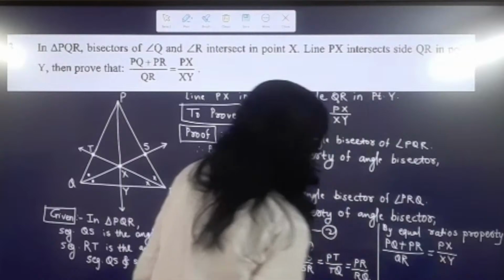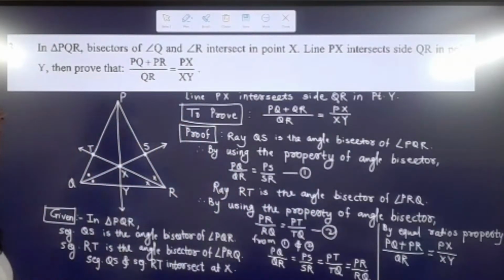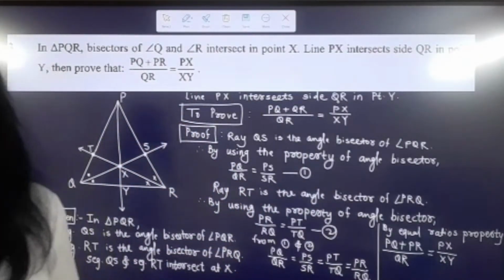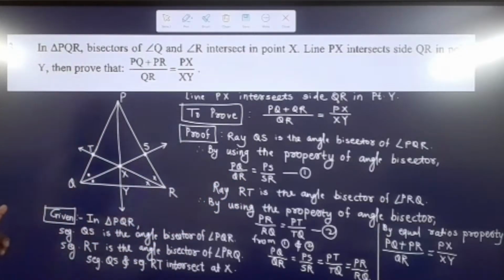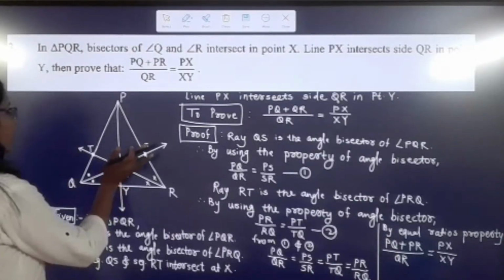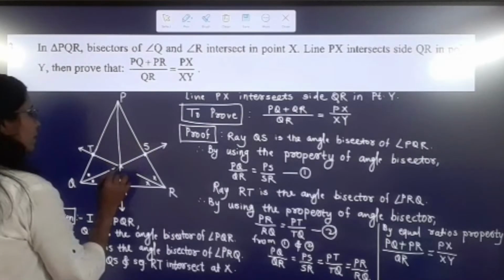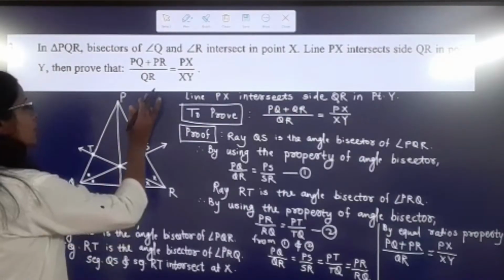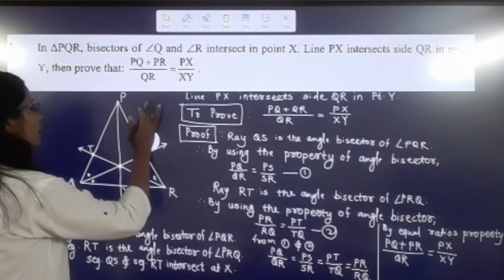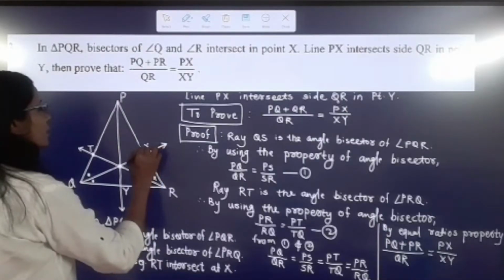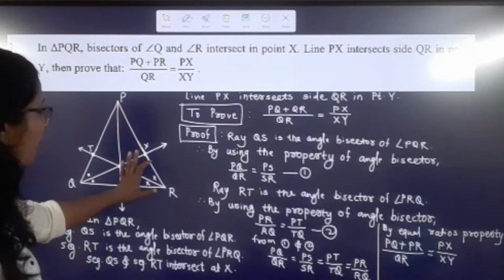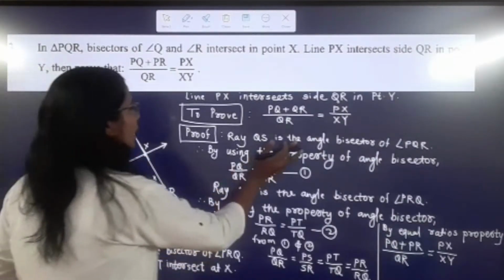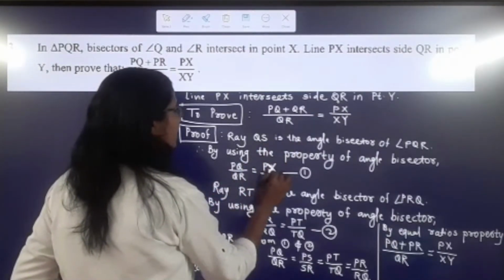Okay students, so this way, here we can write down Px upon Rx. Instead of x, taking x.